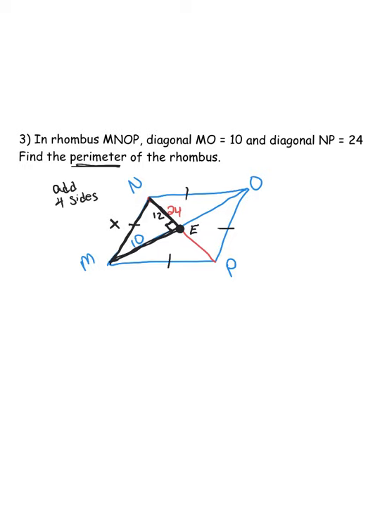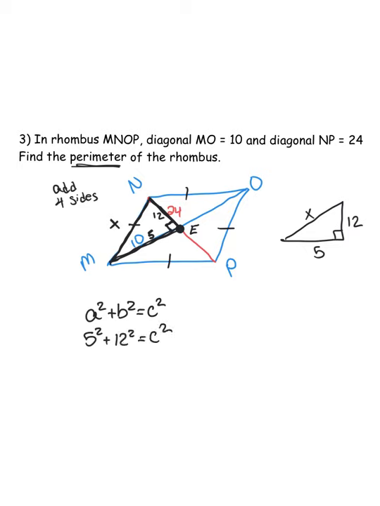If I know M to O is 10, then I really know that this piece of the black triangle is 5. So if I focus my efforts on that little right triangle, I have a 12, I have a 5, and I have an X. If I use the Pythagorean theorem, a squared plus b squared equals c squared.